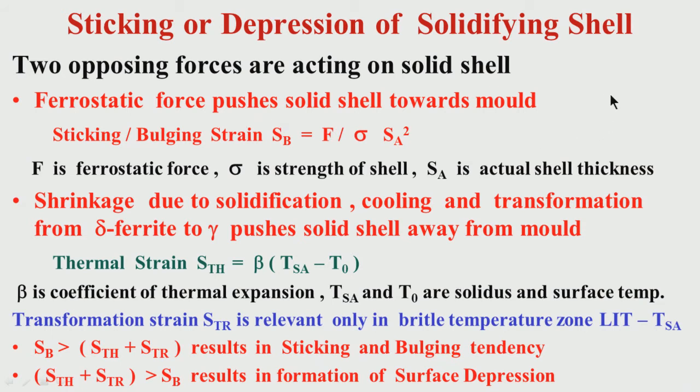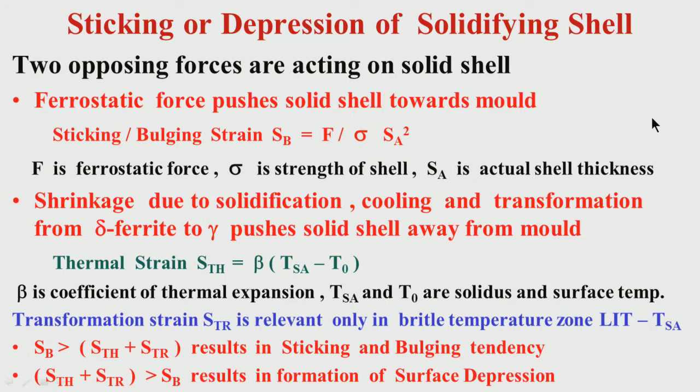Ferrostatic force pushes the solid shell towards the mold, away from the liquid. Shrinkage pushes the shell away from the mold and towards the liquid. That is why these two are opposing forces.